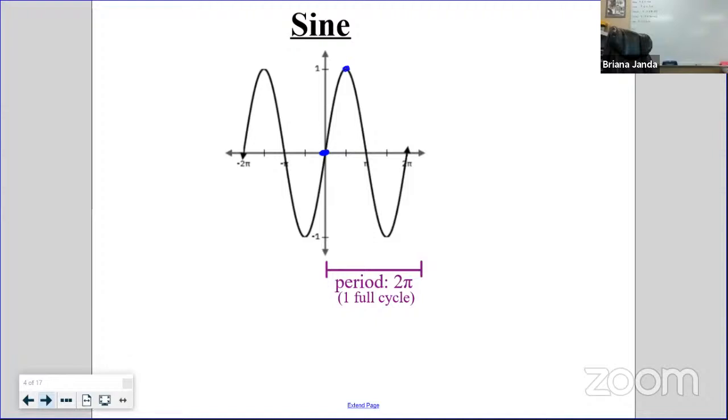Hits our maximum, goes back to our midline, hits our minimum, and returns back to our midline. That is what's considered one full cycle or one period of a sine curve. And without a transformation, that length is one trip around your unit circle, or 2 pi. Any questions for me so far?